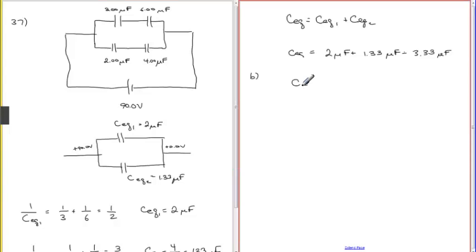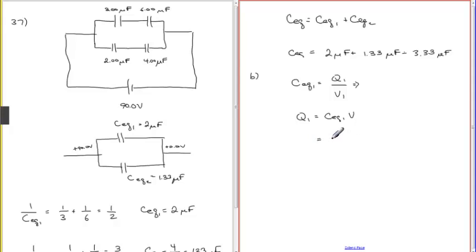The equivalent capacitance for these two combined is equal to the charge, let's call it Q1, divided by V1. So we can solve for Q1: Q1 is equal to the equivalent capacitance of these 2 capacitors times the voltage.